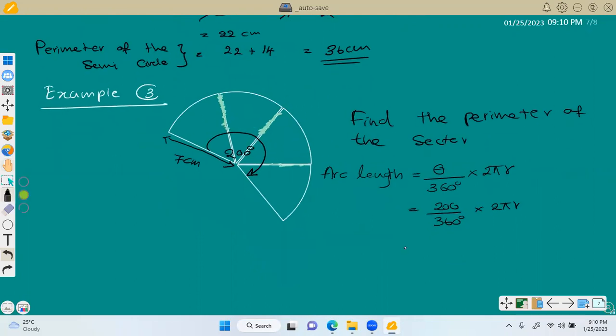Sorry, here 2πr. Then 2 into 5 is 22 upon 7. R is 7, 7 and 7 cancel. 0 and 0 cancel. Divide by 10. 2 is 10.